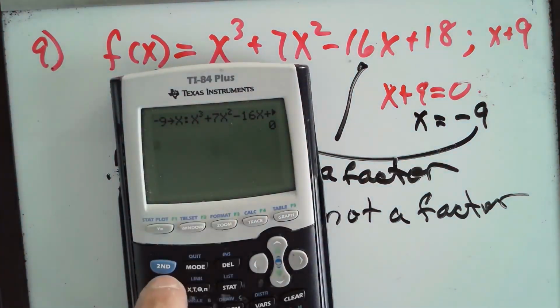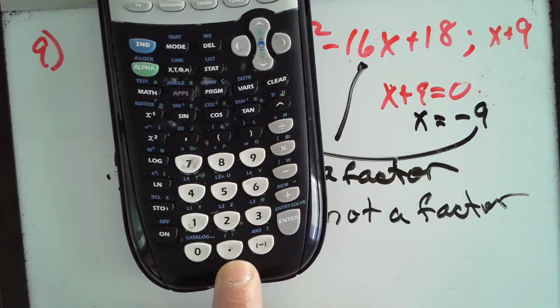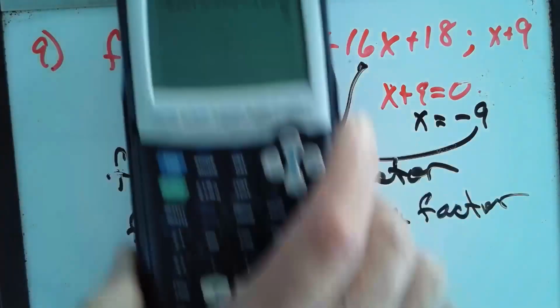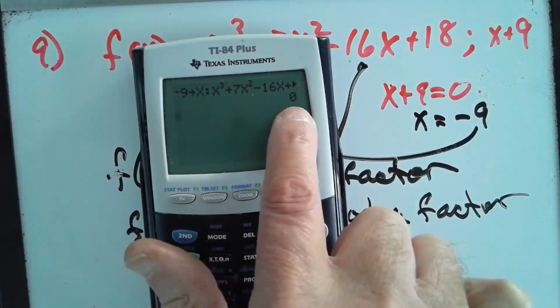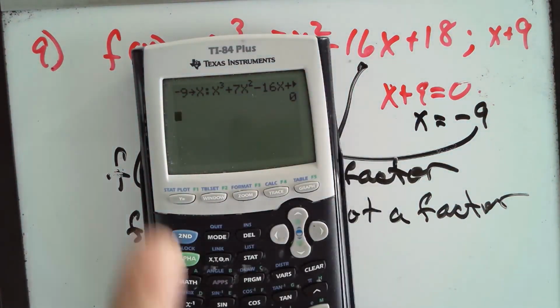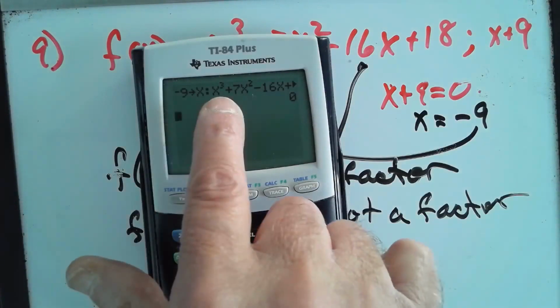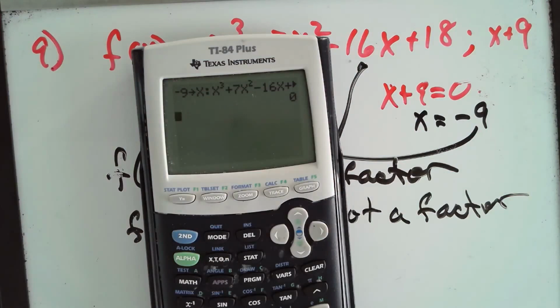And then you have to hit second, and then the colon button down here where the decimal is. And then after that, you just type in your function, whatever your function is. And then hit enter. And this -9 automatically goes into every place where X is. Okay? And it calculates it out.